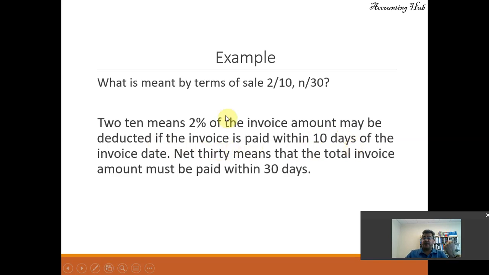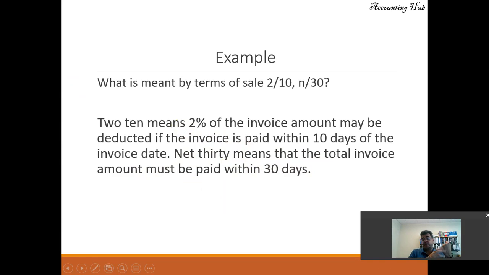Purchase, 100. And we have these 2/10 and n/30. If I pay in 10 days, I can pay 98. However, the net 30 means that the total invoice amount must be paid within 30 days.